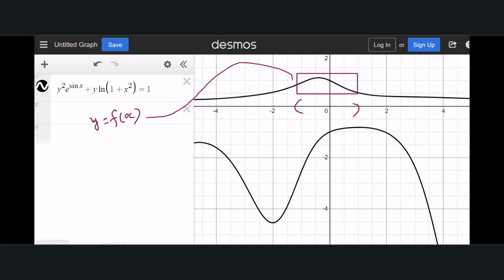And what we say is that we can write y implicitly as a function of x near this point (0, 1), with the conditions that I specified: first of all, you have a smooth graph here, no vertical tangent lines, so y will be a differentiable function of x. And again, I'm focusing only on this piece, all right?